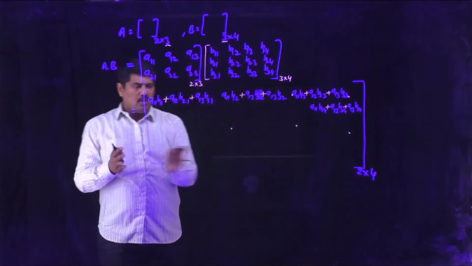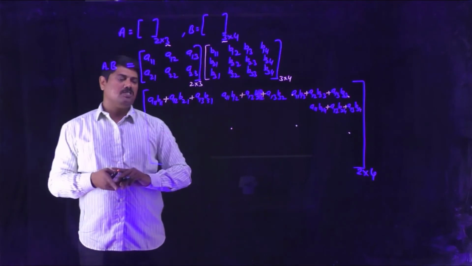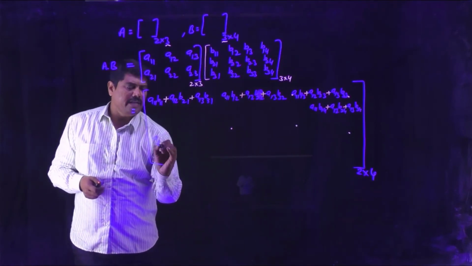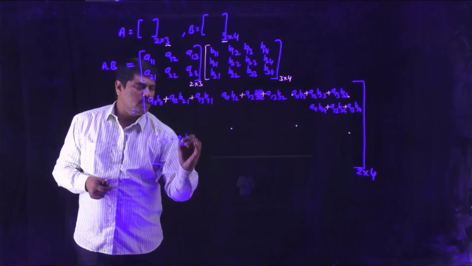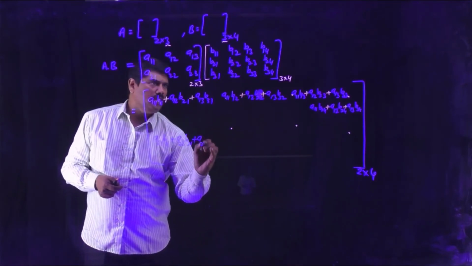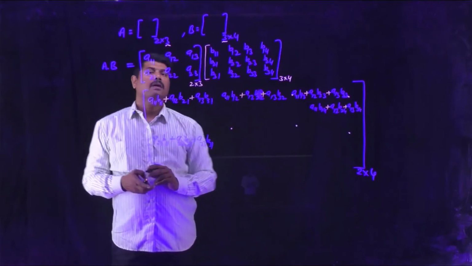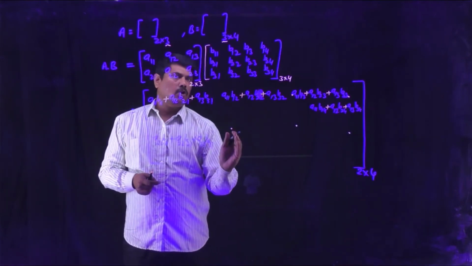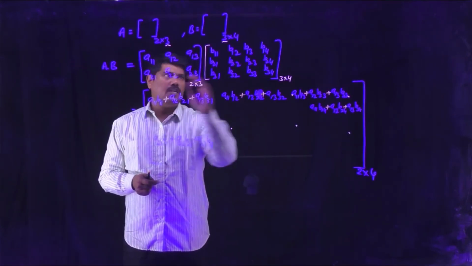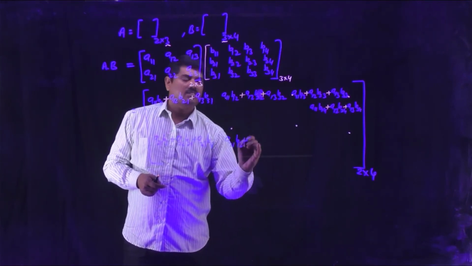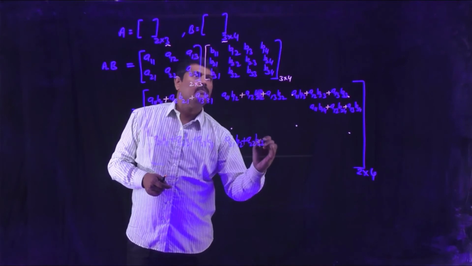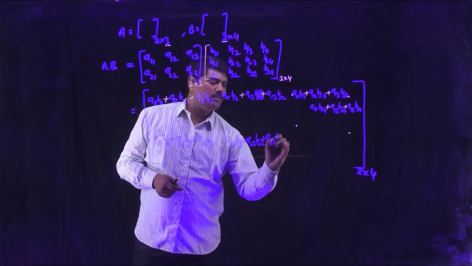In the same manner, you have to multiply the second row also. So I am writing A21 B11 plus A22 B21 plus A23 B31. Next, second row second column, that means multiplying the second row with the second column: A21 B12 plus A22 B22 plus A23 B32.